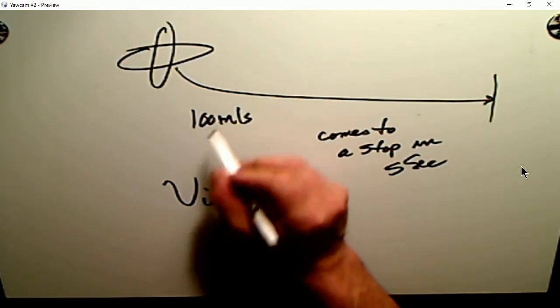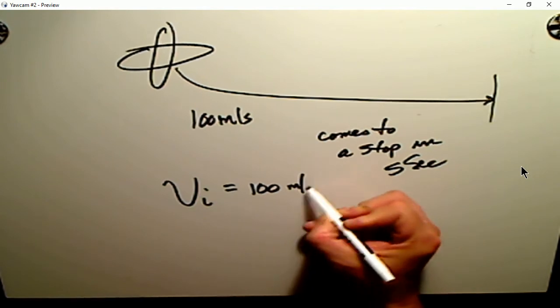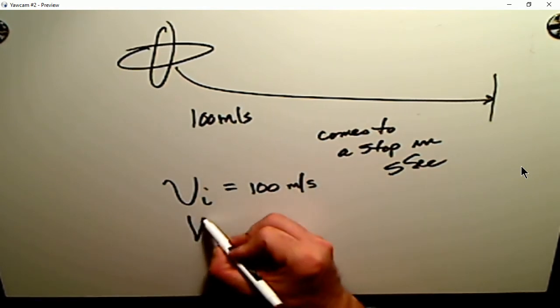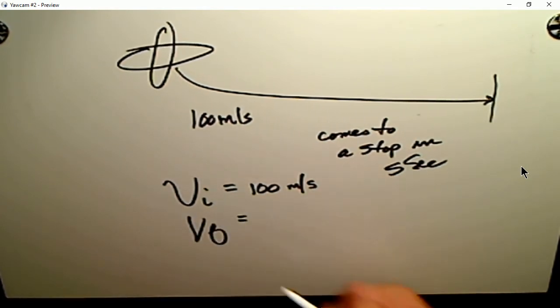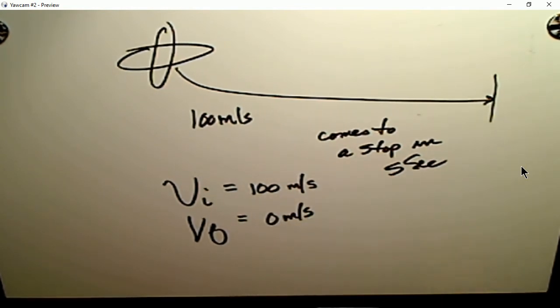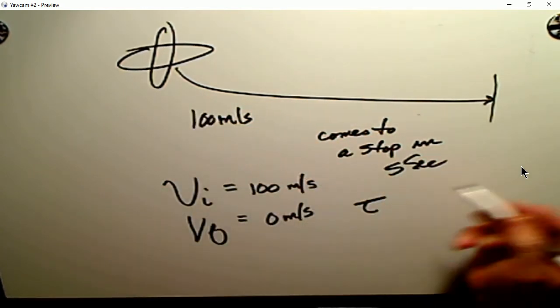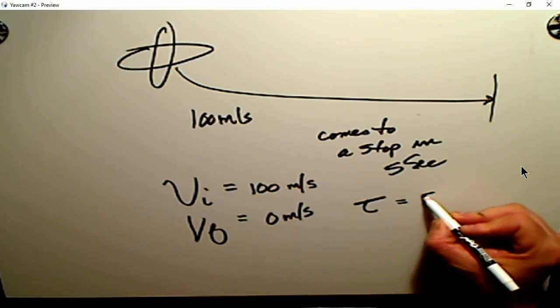What is our velocity initial? 100 meters per second. Velocity final, we say we came to a stop, 0 meters per second. And we have the time change. Well, in this case, the change in time is just merely 5 seconds.